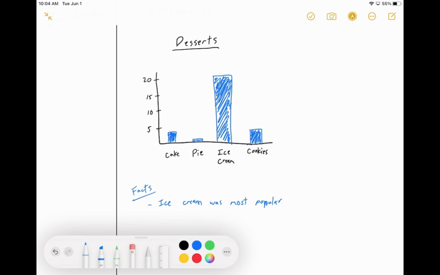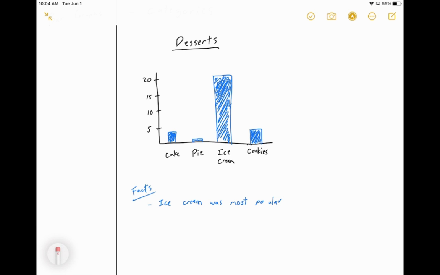Ice cream was the most popular. That's one fact that I could say. I can also give the hard numbers, which is 20 people like ice cream the most.